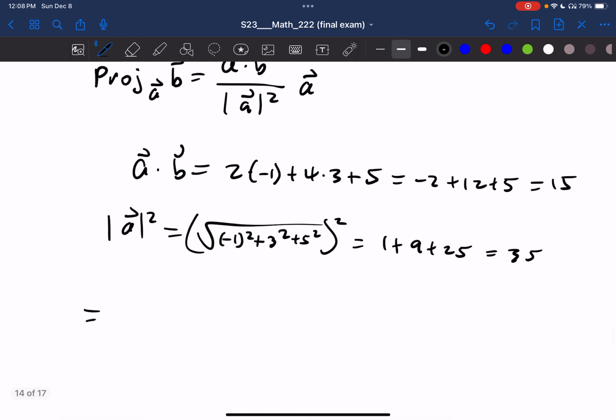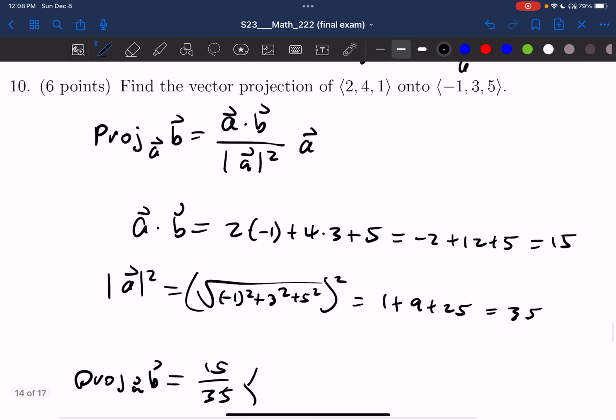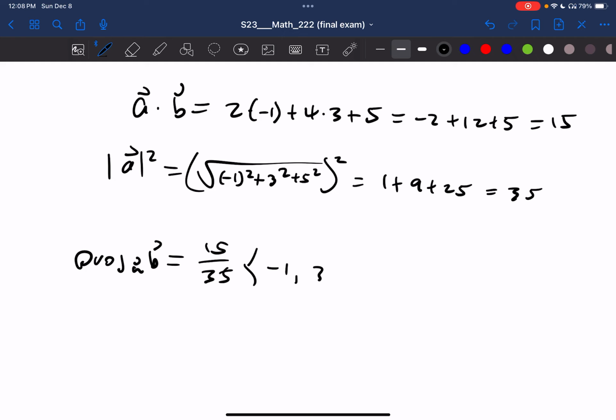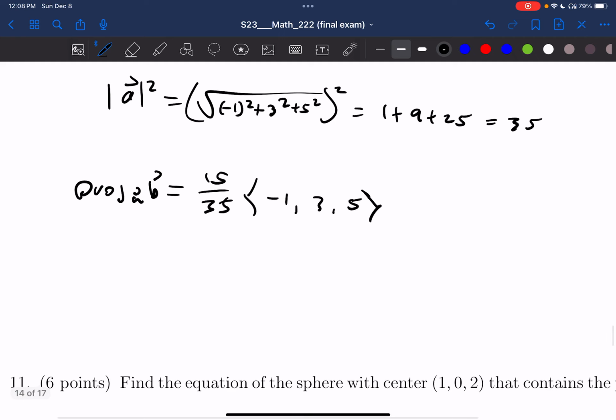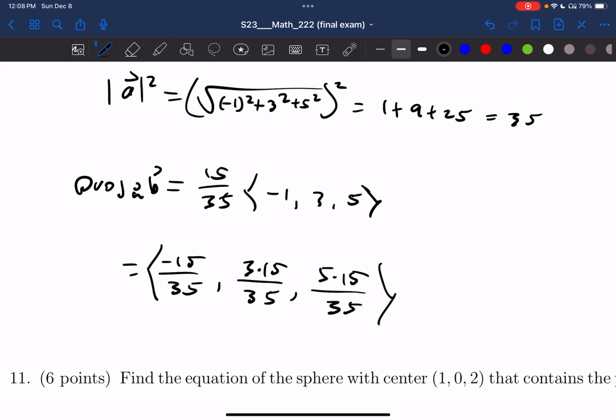So the vector projection of B onto A will be equal to 15 divided by 35 times A. A is (-1, 3, 5). So this will be equal to (-15 divided by 35, 3 times 15 divided by 35, 5 times 15 divided by 35). And this should be your answer.